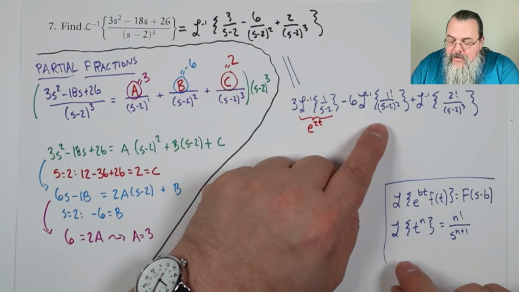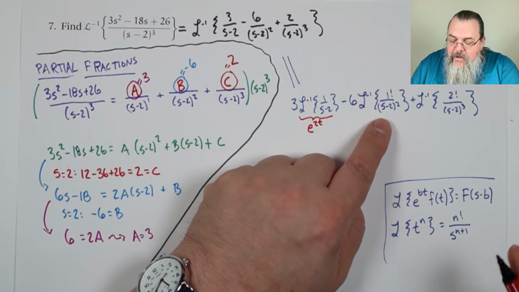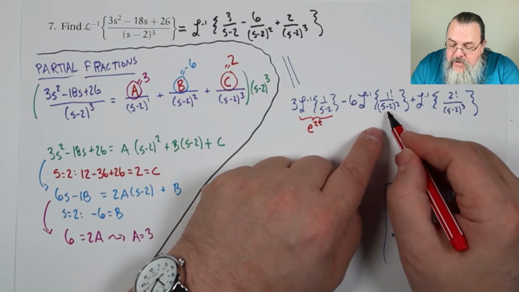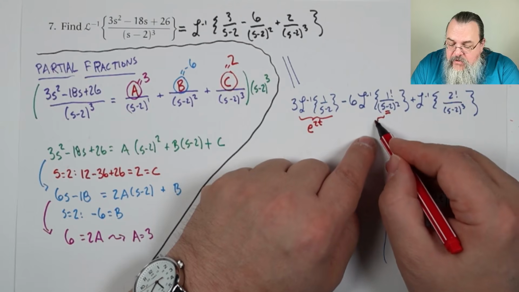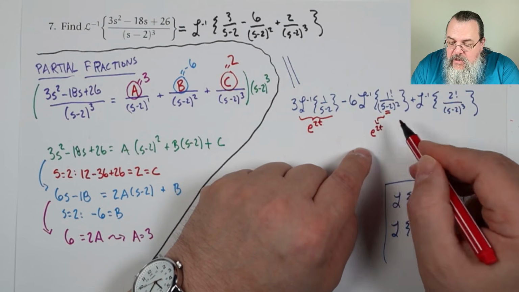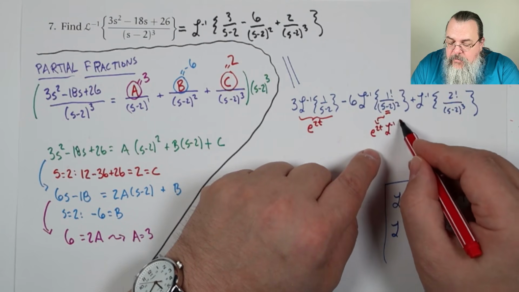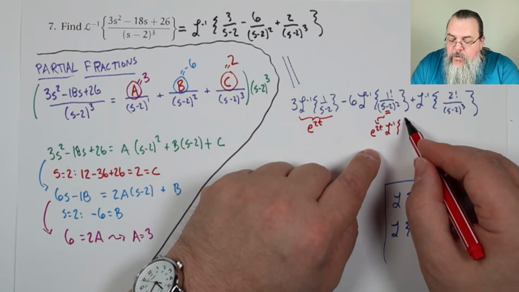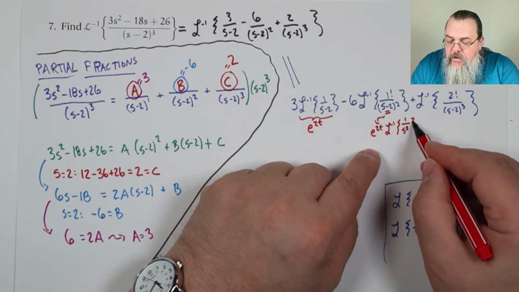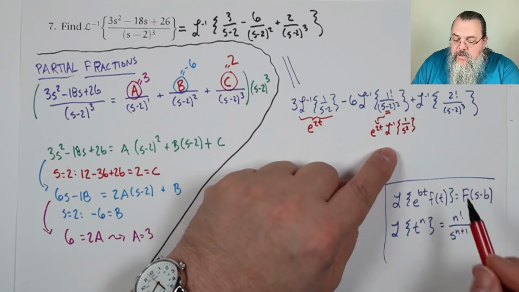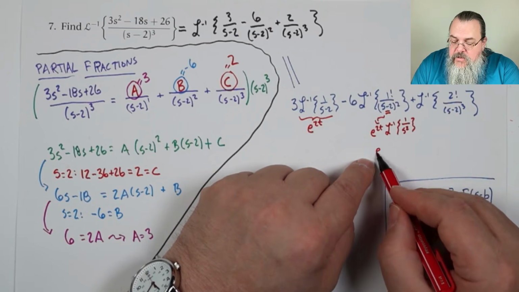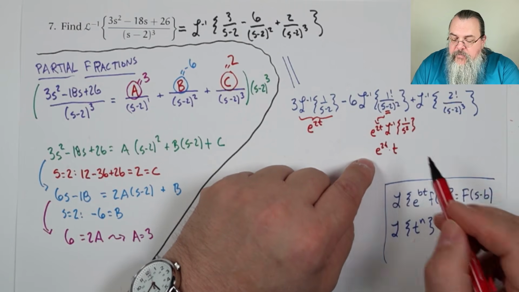Now here, s squared. Well, first off, the shift, that tells us e to the 2t. And then it's like, well, now imagine taking the inverse Laplace without the shift. We say, well, without the shift, that would become just t. Right?